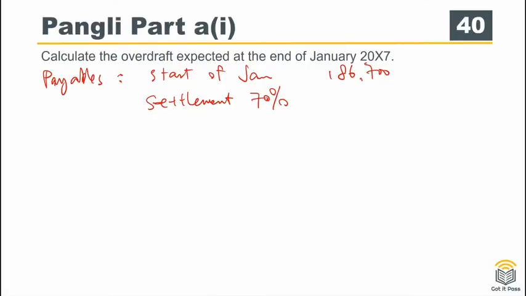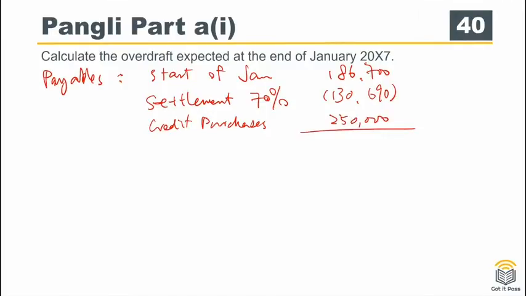The settlement will be how much? It's 70% of the opening balance, which means 130,690 will be settled, and also the credit purchase in January is 250,000.